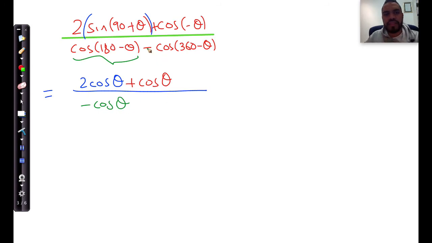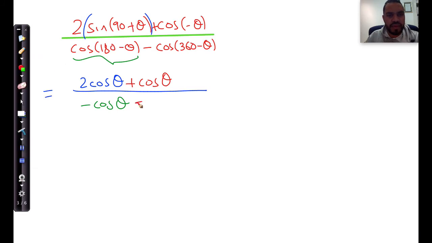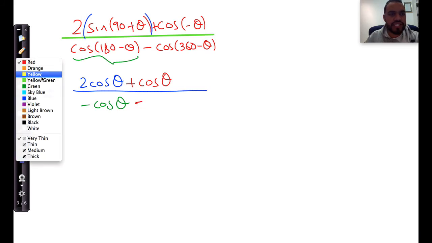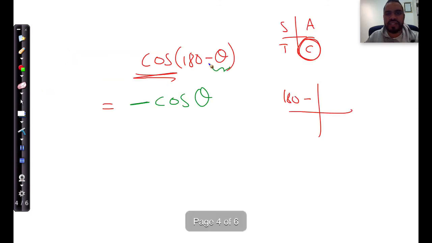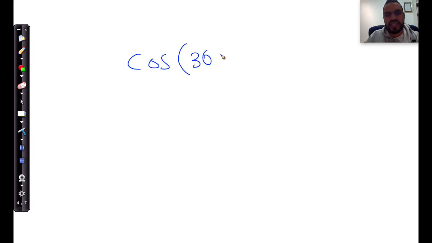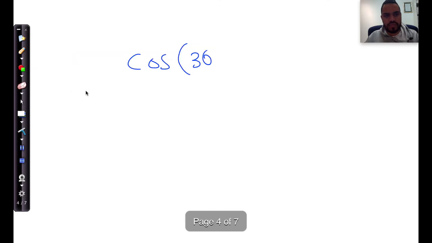Now that minus is actually just part of the sum. And now I have to simplify cos of 360 minus theta. I'm sorry, the eraser is not working.